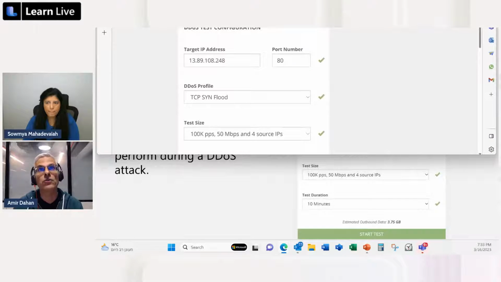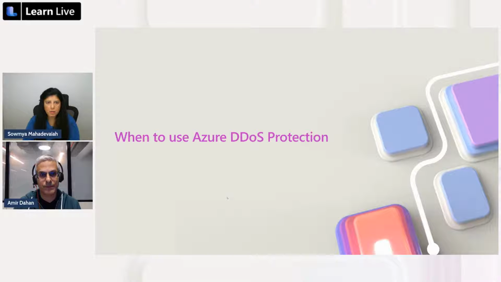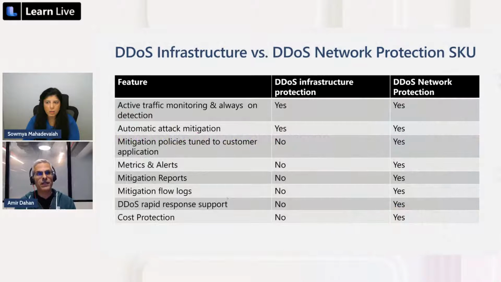So going back to my presentation, now I want to summarize the differences between Azure DDoS infrastructure protection, which is a free offering to any customer hosting applications in Azure, and Azure DDoS network protection, which is a priced SKU that customers can use.